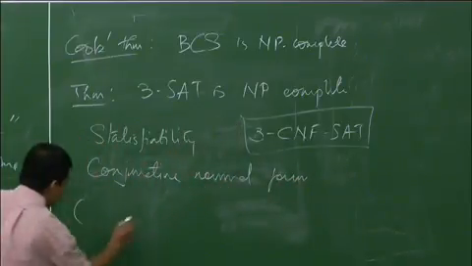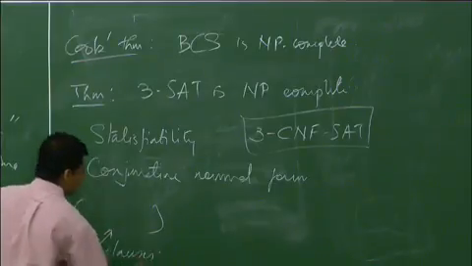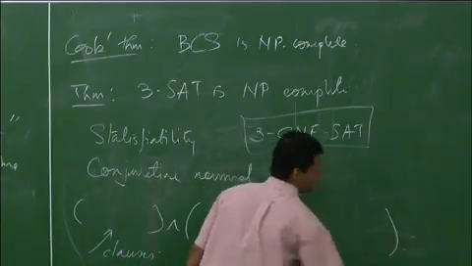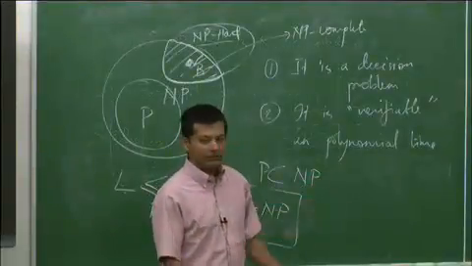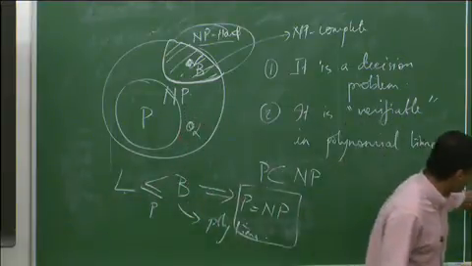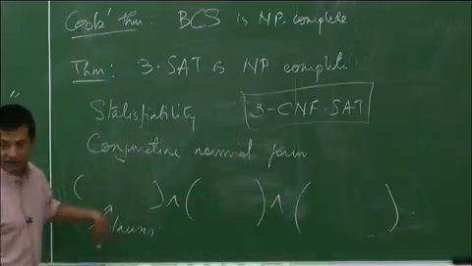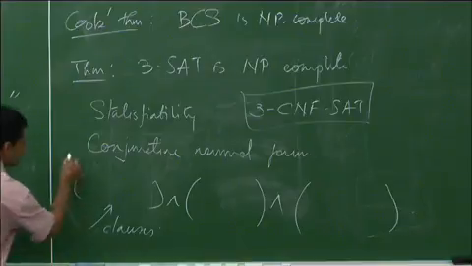Well, it has a bunch of clauses which are attached to each other using ANDs. Okay, for those of you who have done architecture, you probably already know about CNF, but those who haven't, we can just quickly go through the definition of CNF. So, you are going to have a bunch of clauses, and that are going to be attached using ANDs. And inside each clause, you will have something called literals.